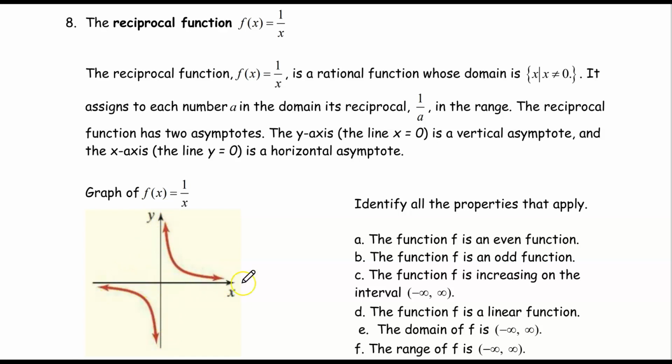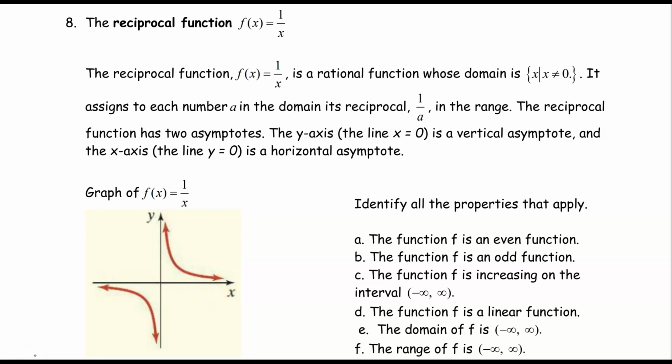The x and the y-axis in this case are called the asymptotes of the graph. The y-axis, excuse me, the line x equals 0 is the vertical asymptote, and the x-axis, the line y equals 0, is called the horizontal asymptote.